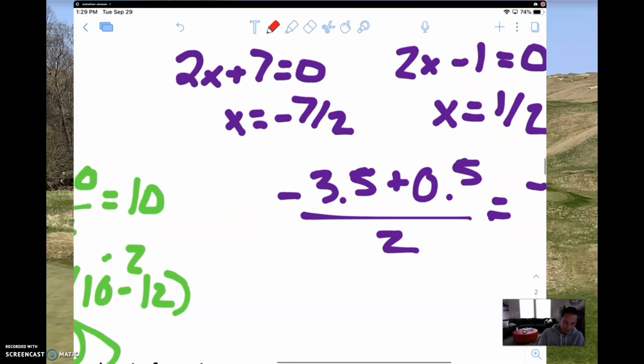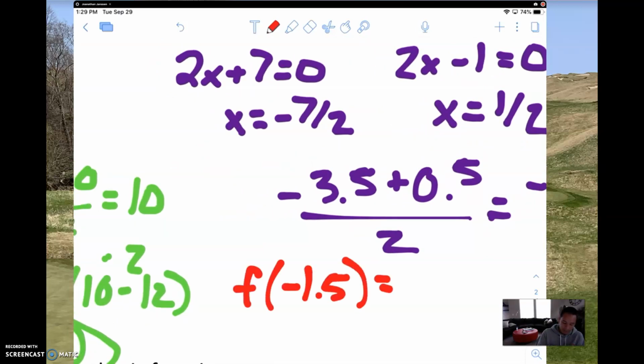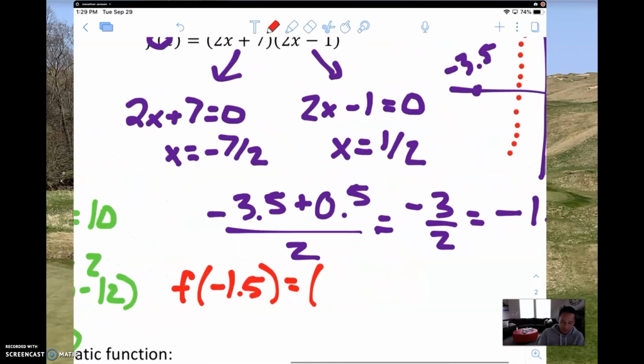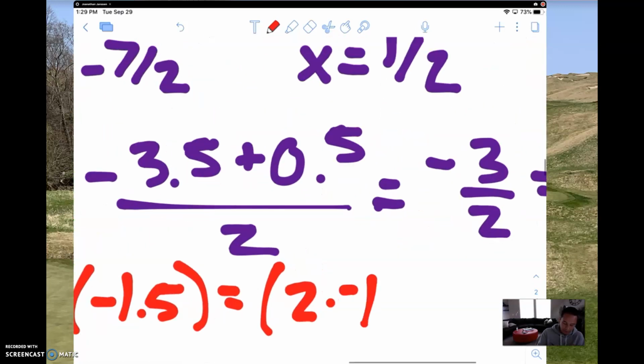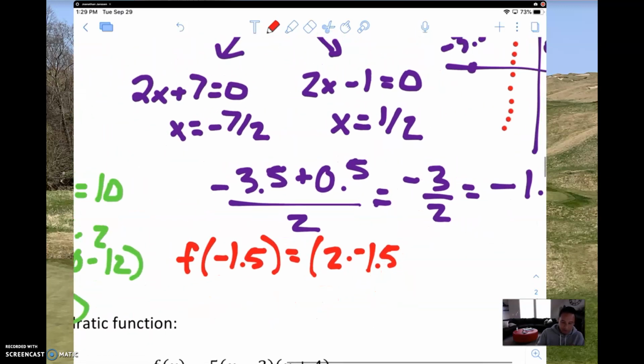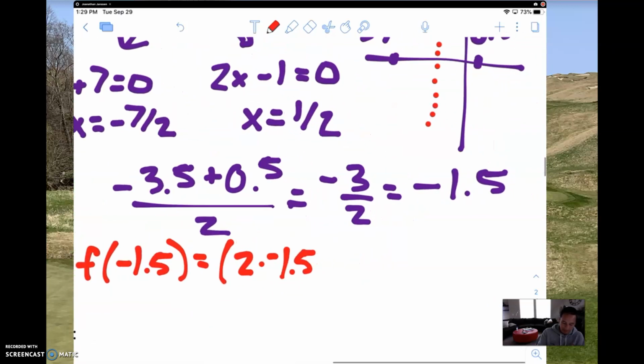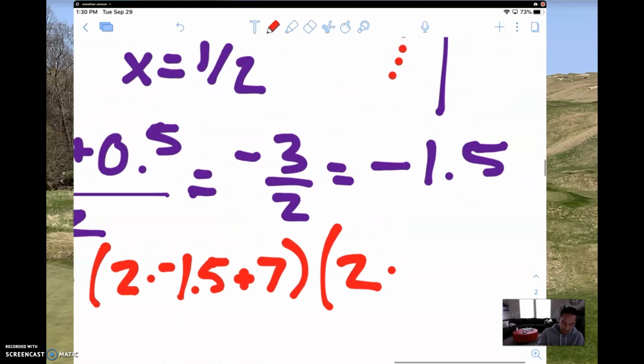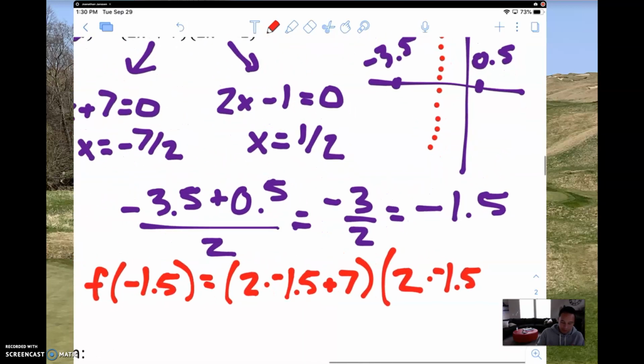So we have f of negative 1.5 equals 2 times negative 1.5 plus 7 times, once again, 2 times negative 1.5 and minus 1.